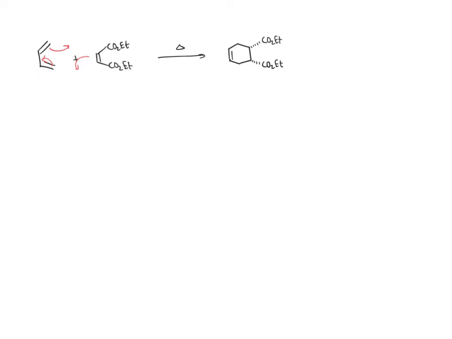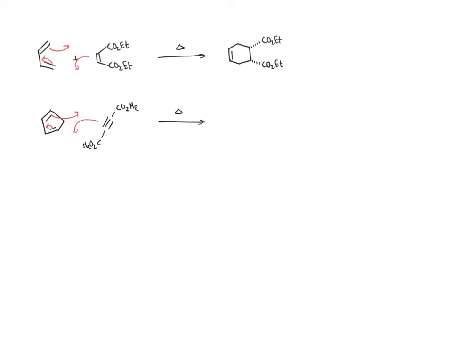We can start with a cyclic alkene, such as cyclopentadiene. We can start with a triple bond instead of a double bond. Right? The most important thing here is that you have a pi system. And so we can draw the reaction like this.